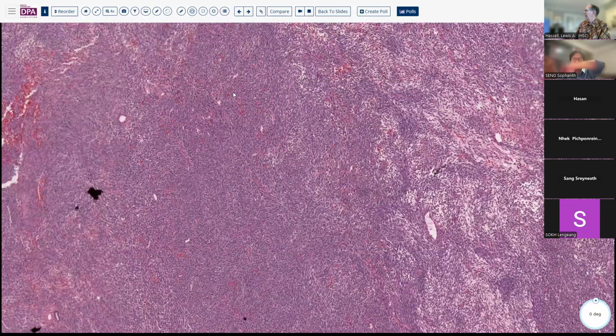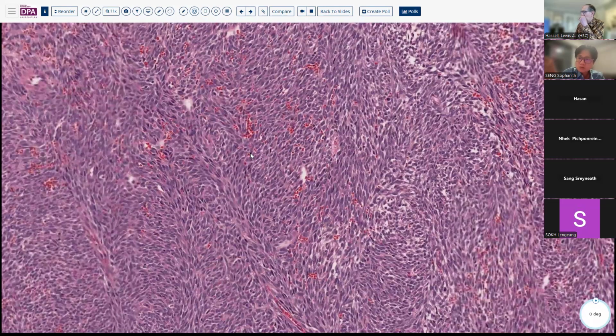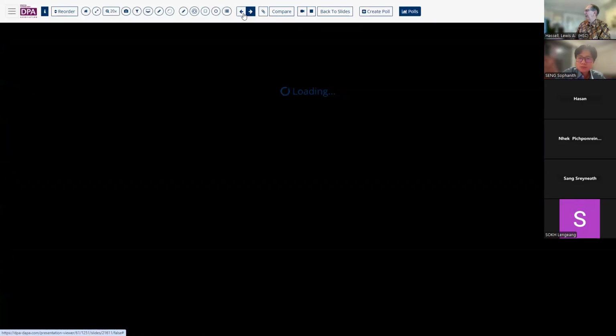Of course, anytime you have a fairly monomorphic sarcomatous lesion, you do want to think about the possibility that you're dealing with some sort of a fusion gene related sarcoma, and that certainly is the case with synovial sarcoma. Now, we do have the SS18-SSX immunohistochemistry available now, or if you're able to do the FISH testing, that also can be diagnostic for this lesion.